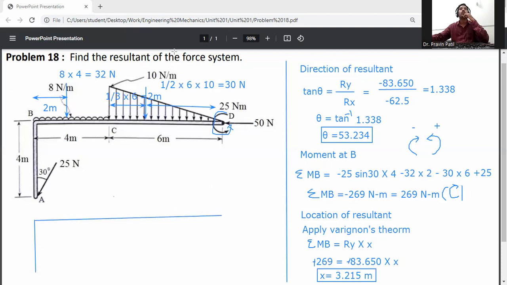For the location of resultant, first, in which quadrant will it lie? This is the X direction and this is the Y direction. Because Rx and Ry are both negative, it will be in the third quadrant.